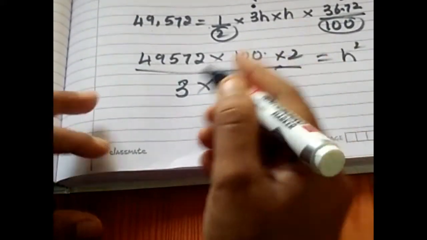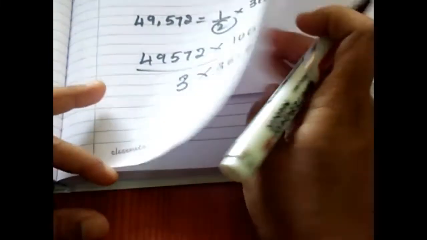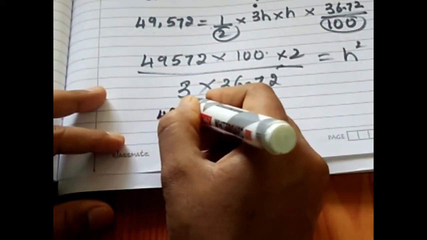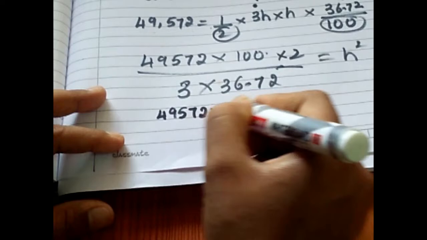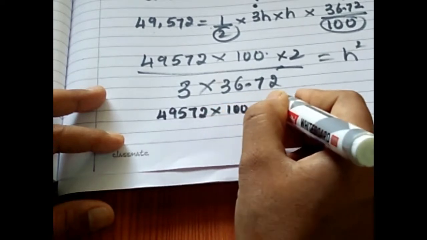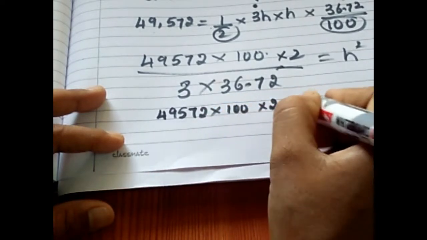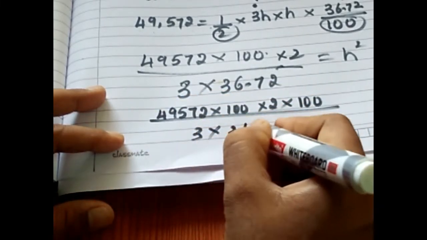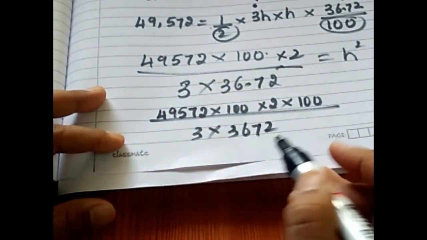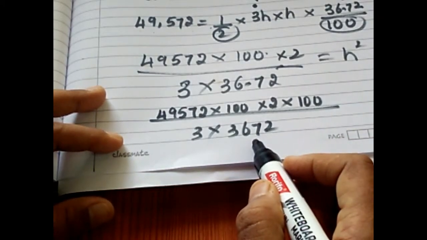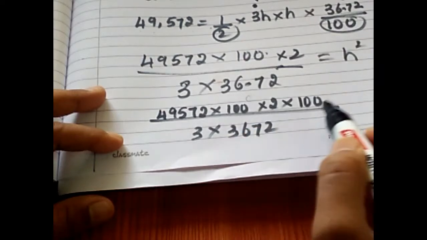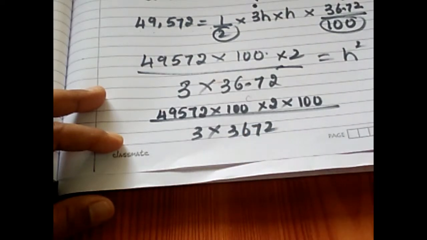Now how to simplify? Let me remove the decimal first, that is 49,572 into 100 into 2 into 100 by 3 into 3,672. As I removed the decimal in the denominator, I have added 2 more zeros. You can add 2 more zeros here or with this. Now how to cancel?